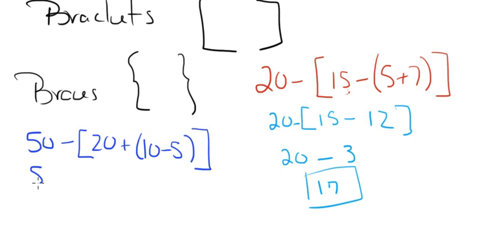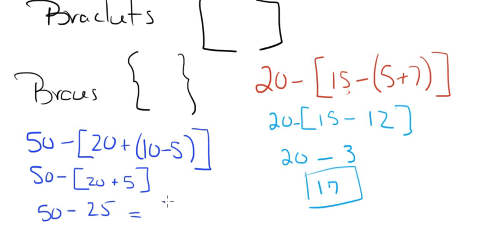Okay, so I'm going to have 50 minus, my bracket, 20 plus, and then 10 minus 5 is 5, and then I have 50 minus 20 plus 5 is 25, and then 50 minus 25 is obviously 25. Are we okay with that? Yes. All right. Any questions about that at all?